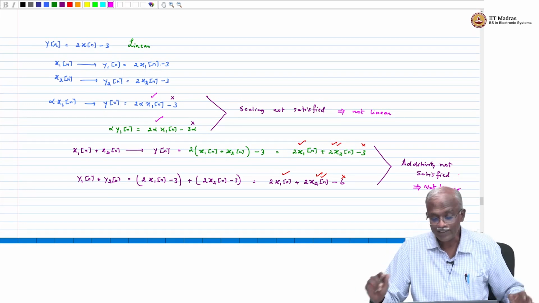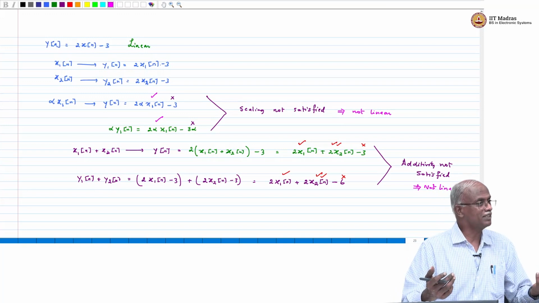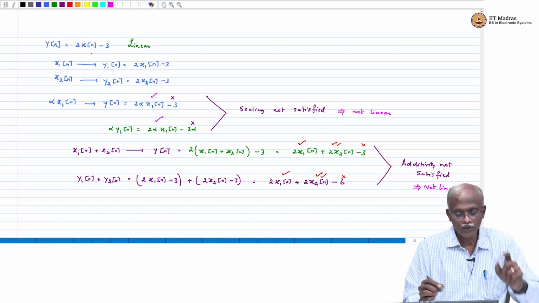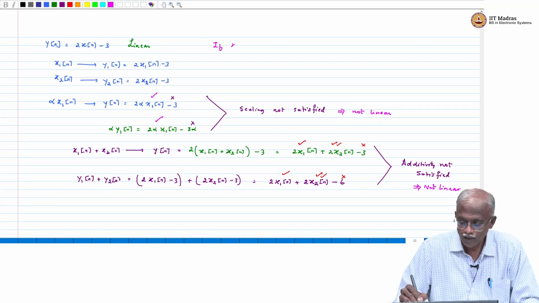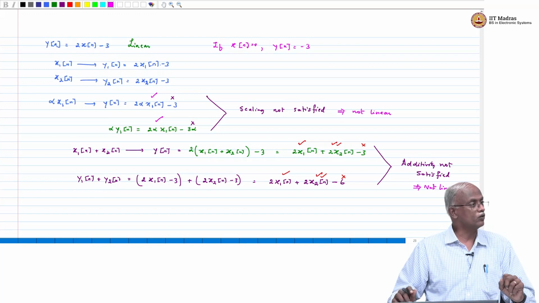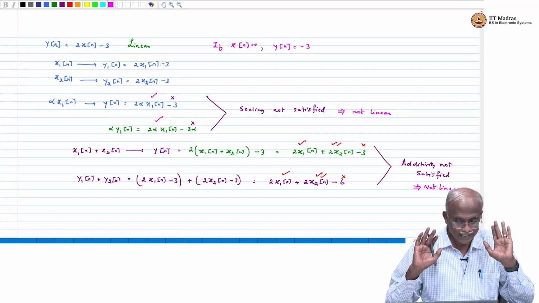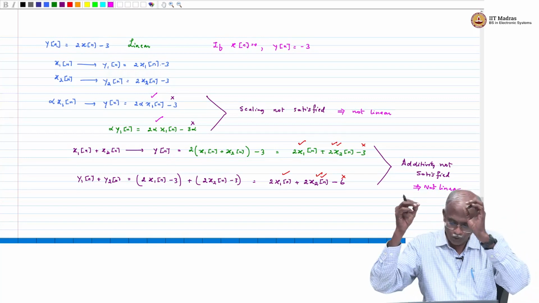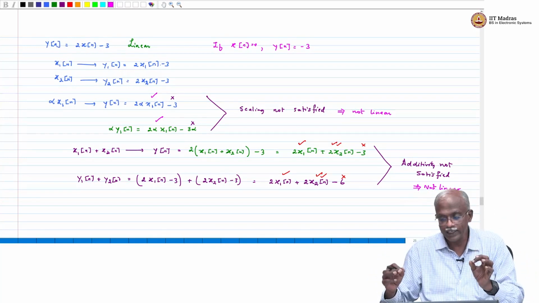Now, could we have guessed that this is the case? You could have, if you set x of n equal to 0. If x of n is equal to 0, what happens to y of n? y of n comes out to be minus 3, non-zero. Therefore, there is a violation of the condition of linearity, but the correct way is you check for scaling, check for additivity.